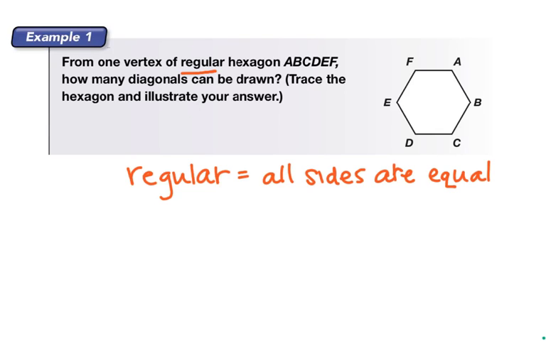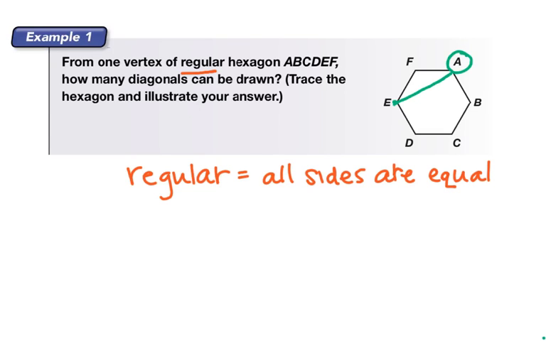So if we were to pick one of the vertices, let's say we pick A, and we want to draw as many diagonals as possible, we could look at the first non-adjacent, which would be E right here, and we would connect the diagonal.